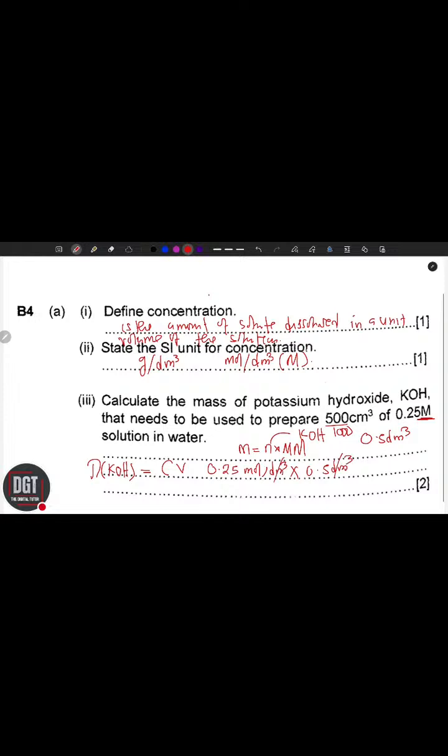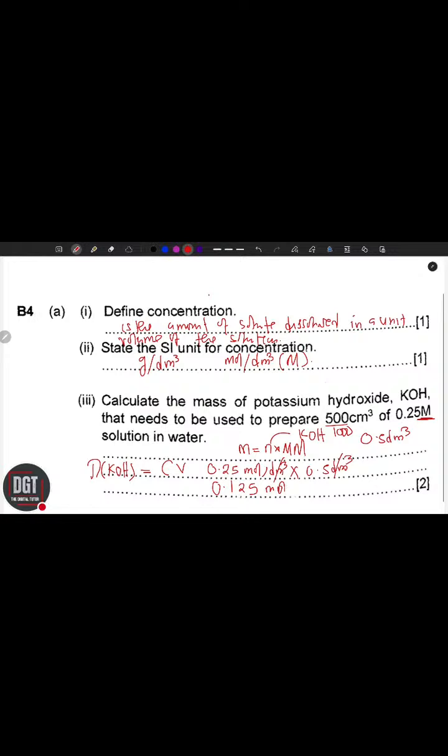Decimeter cubic and decimeter cubic cancel. So 0.25 multiplied by 0.5. What is the answer? I guess people are following up to this point. It should give us 0.125. Someone to confirm?